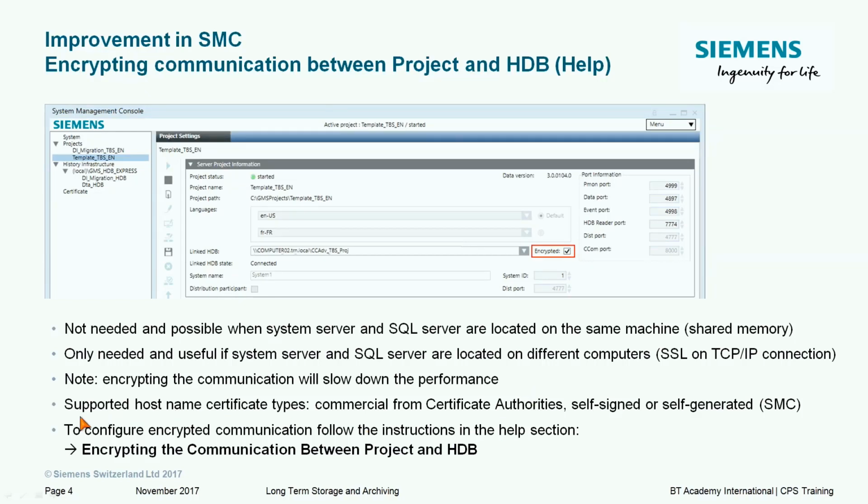What is supported? Supported host name certificate types: any commercial certificate from certificate authorities, self-signed or self-generated in SMC certificates are supported. So basically all what we know and all what we so far use in encrypting communication between the different components.